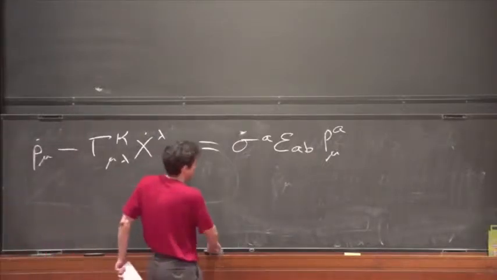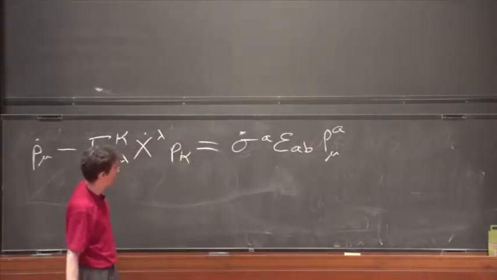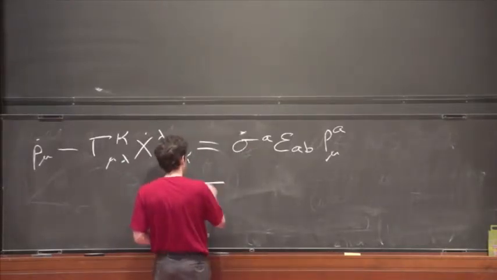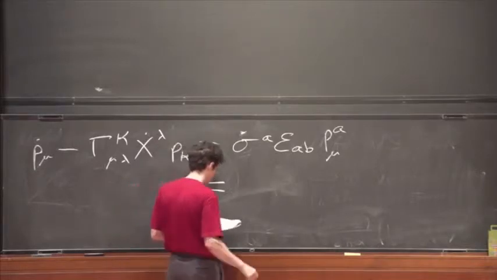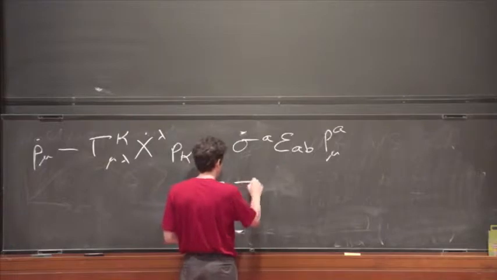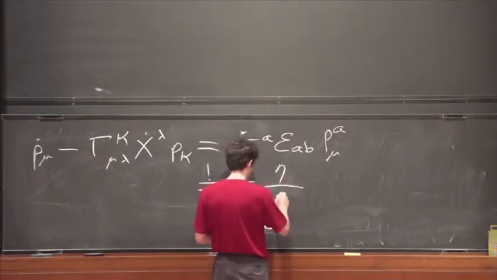So how can it be that this right-hand side doesn't spoil that? Well, the answer turns out to be that you can rewrite this right-hand side in the following form.